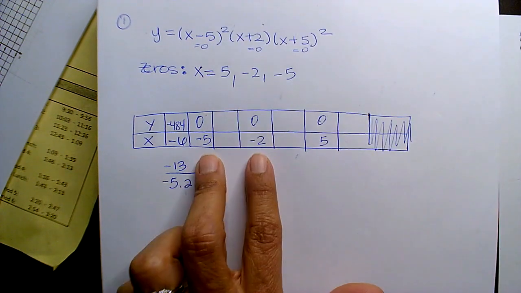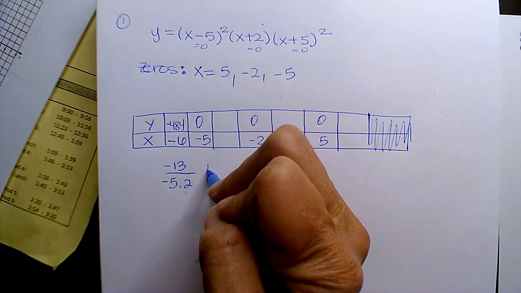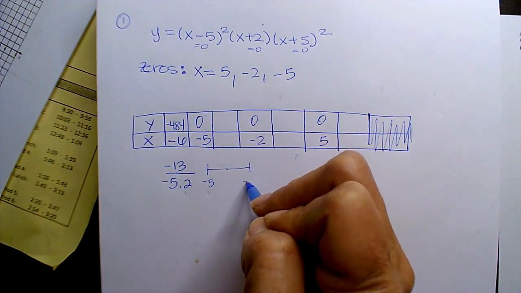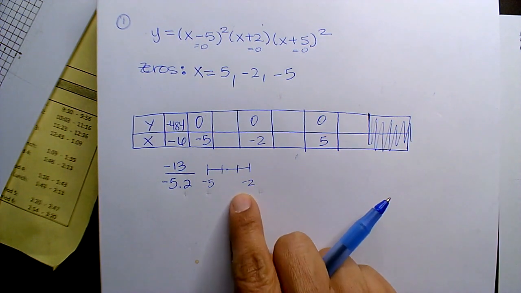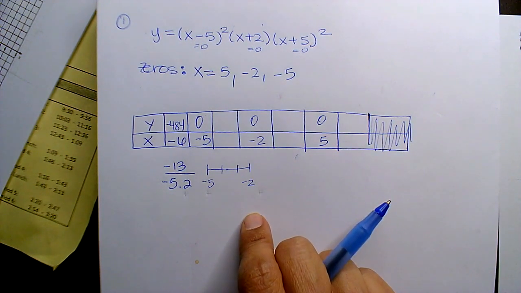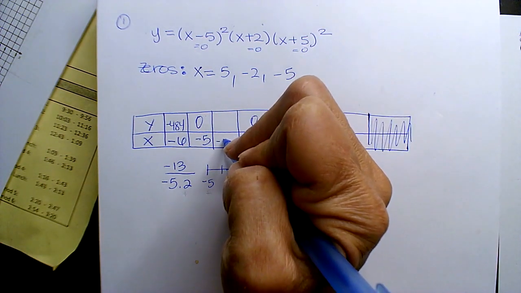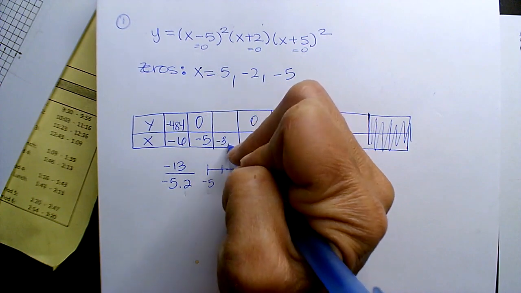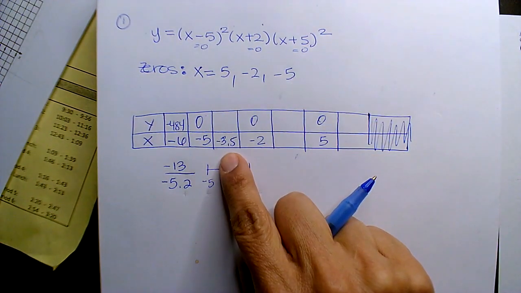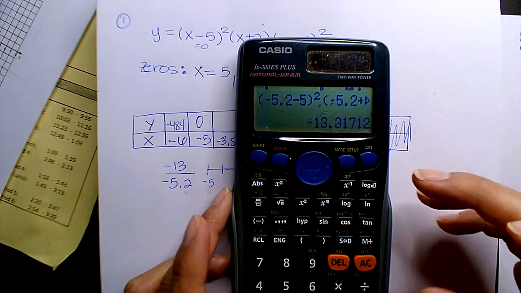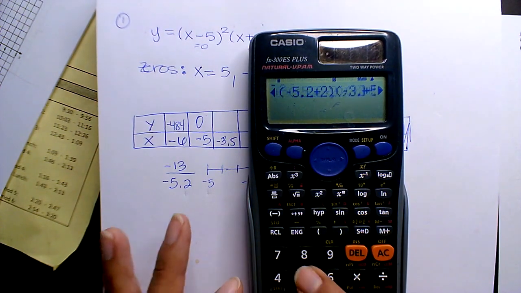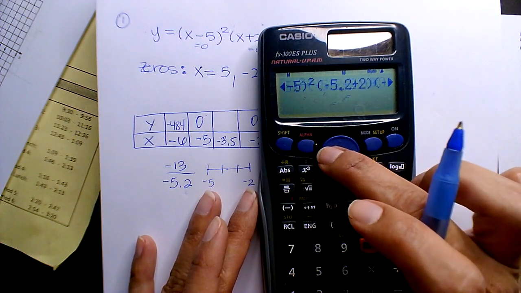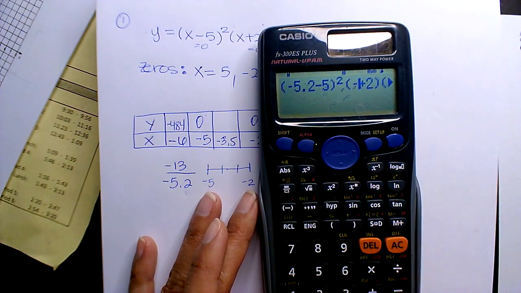Okay, between negative 5 and negative 2, so this is negative 5 and this is negative 2, and this is negative 3, negative 4, what's my half number? Negative what? Someone said it. 3.5. So now take negative 3.5, and you just substitute and get your output value.